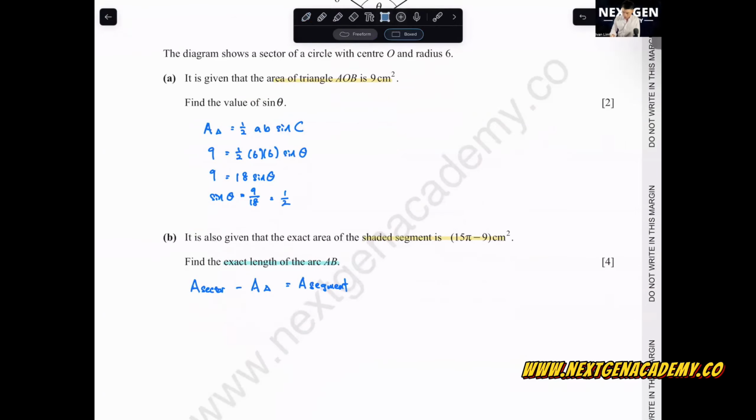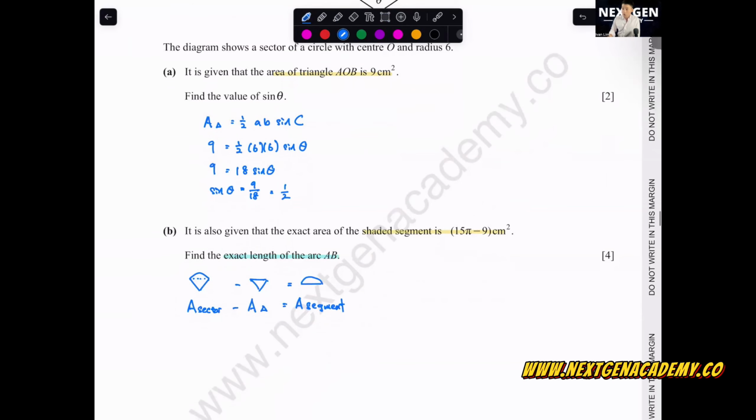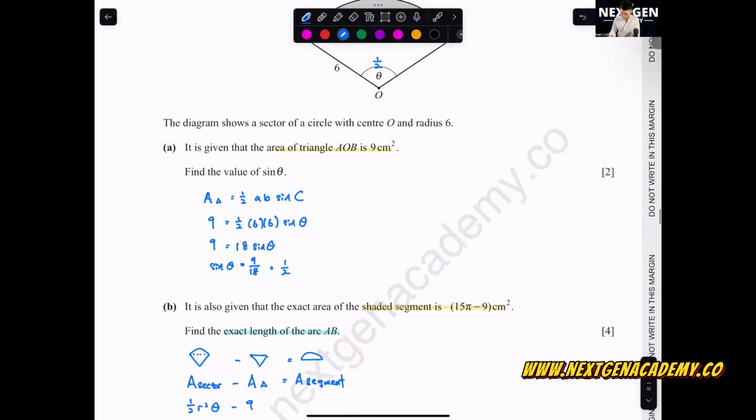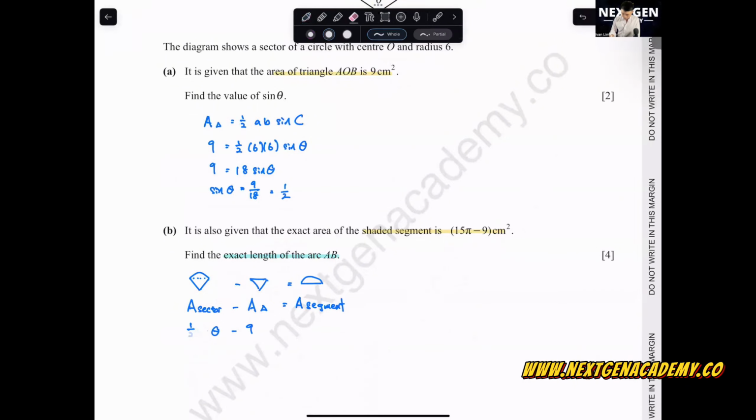You know which is which? Sector is this part. Triangle is this part. Segment is this part, the top part. So sector, half r squared theta minus 9. What's the r squared? 6 squared. Maybe I straight away write 6 squared.